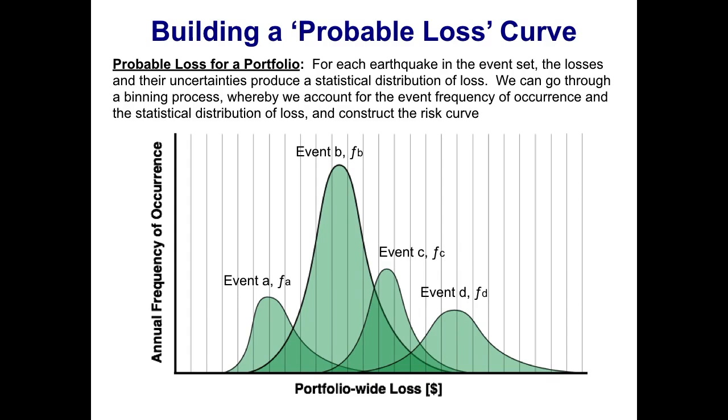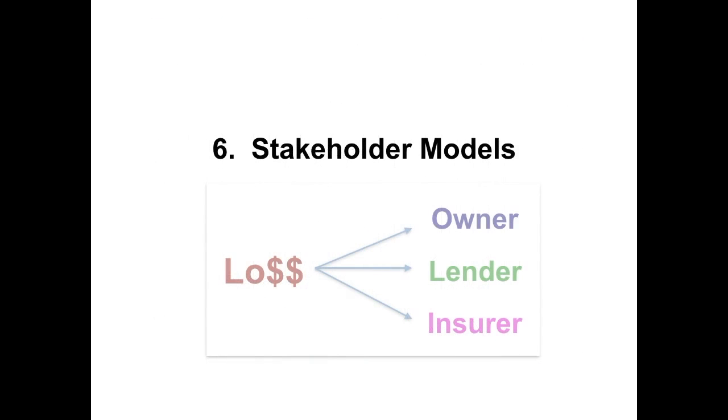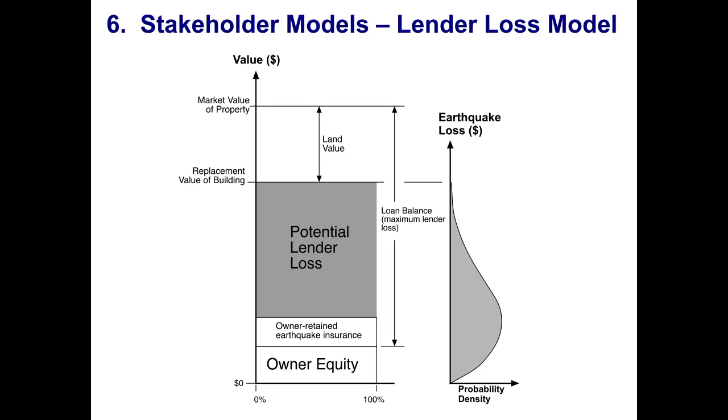Next, we'll look at stakeholder models, and these help us to distribute the loss between owner, lender, insurer, and other stakeholder parties. Here is an example of a lender loss model. What we have here is we're plotting the value of the loss on the vertical axis and probability on the horizontal axis.